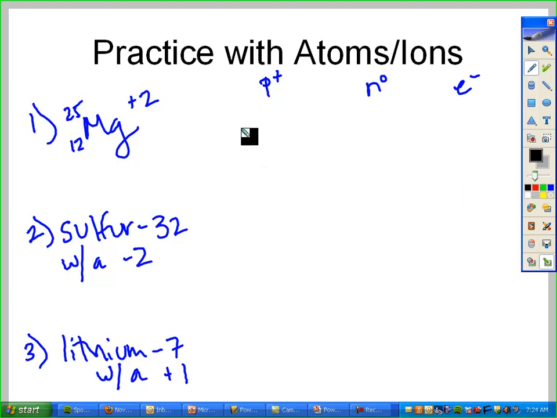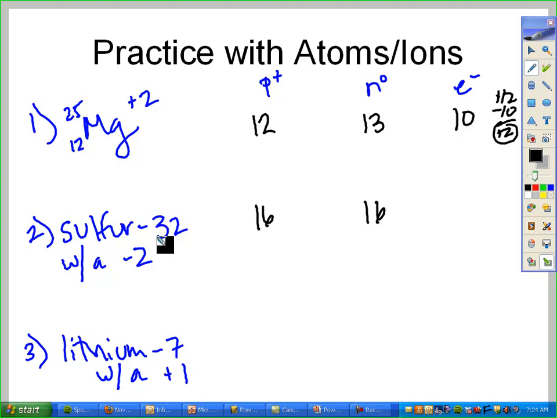Okay, here we go. Let's see how you did. For magnesium, our atomic number is 12. We have to have 13 neutrons, so that adds up to 25. And our electrons have to be 2 less than our protons, so 10. So +12 and a -10 is going to give me a +2. For sulfur, atomic number is 16. Had to look that up on the periodic table. Have to add 16 to that to get 32.